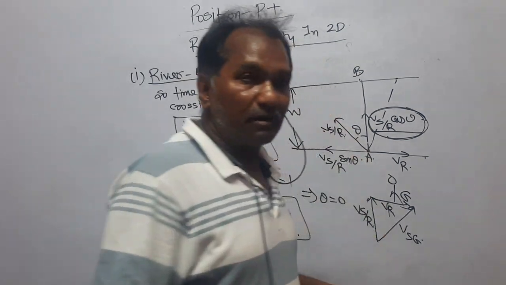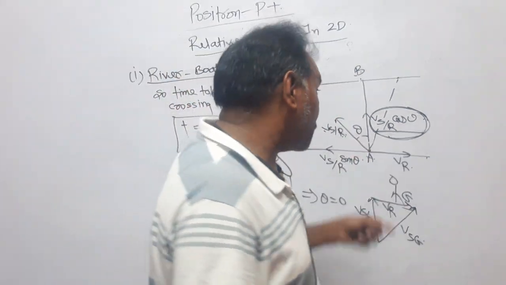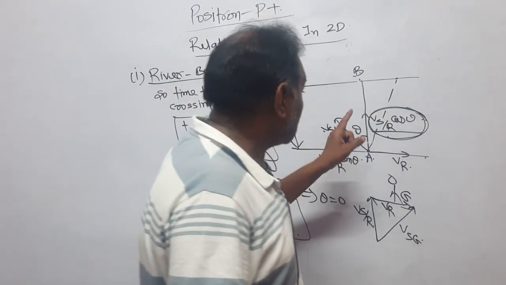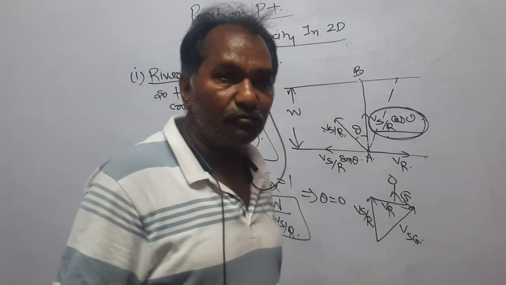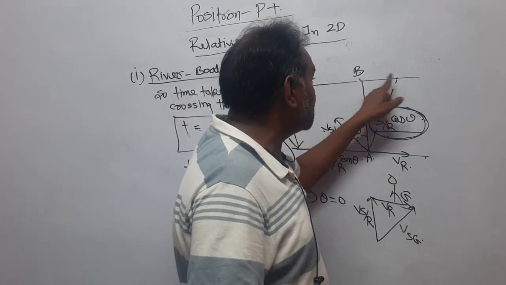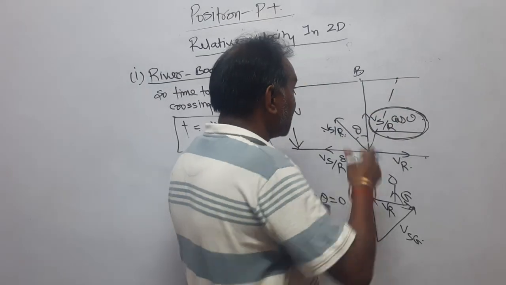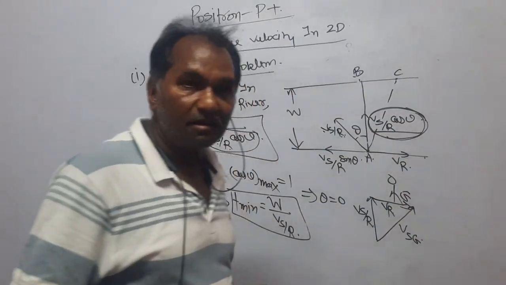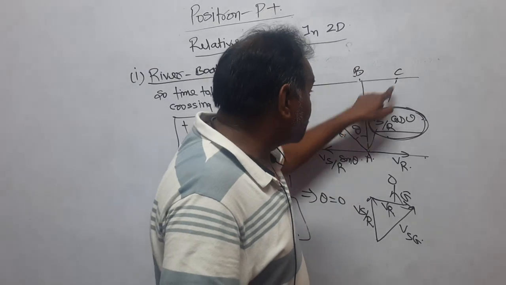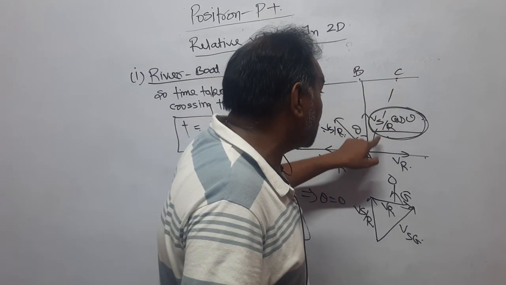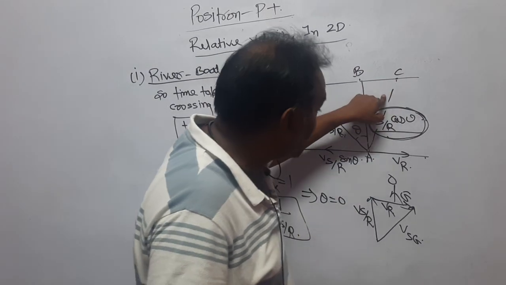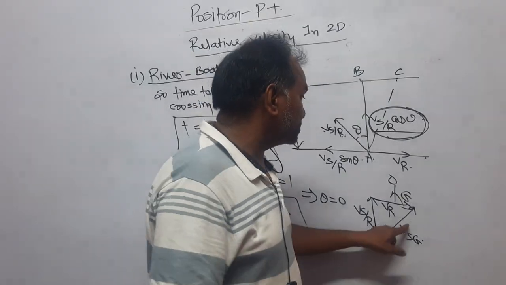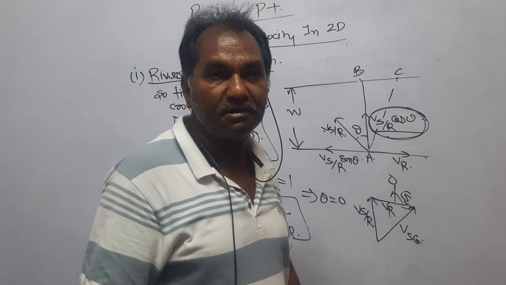The swimmer in the river will watch that he is heading towards B, but a person sitting on the ground will watch that the swimmer has reached here. Rather than reaching B, the swimmer has reached a point C, right? It means this velocity of swimmer has been observed by a person on the ground, and that is why it is the velocity of swimmer with respect to ground.